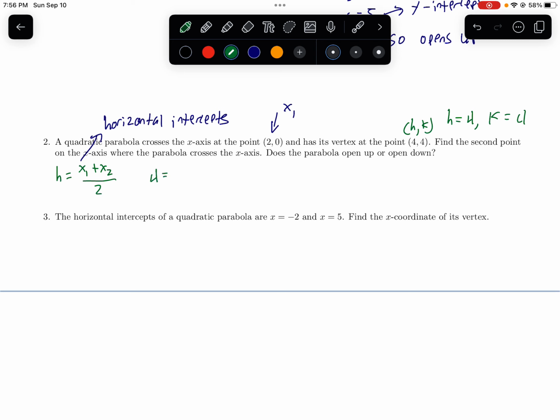So 4 equals (x1 plus x2) over 2, where x1 is 2. Then you should multiply both sides by 2, and you'd obtain 8 equals 2 plus x2, and then x2 is 6. So this is your other horizontal intercept.